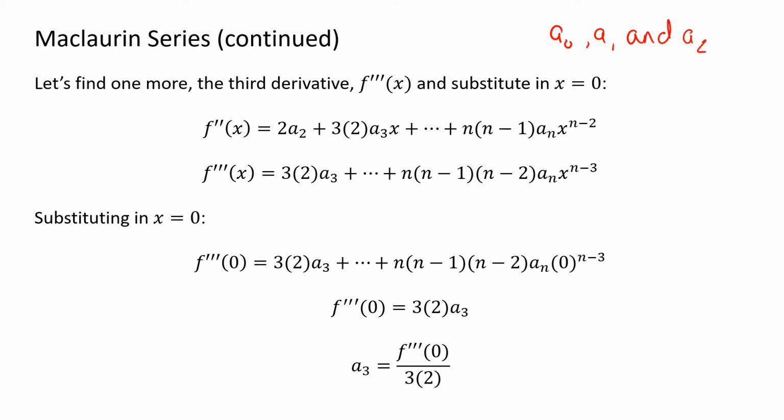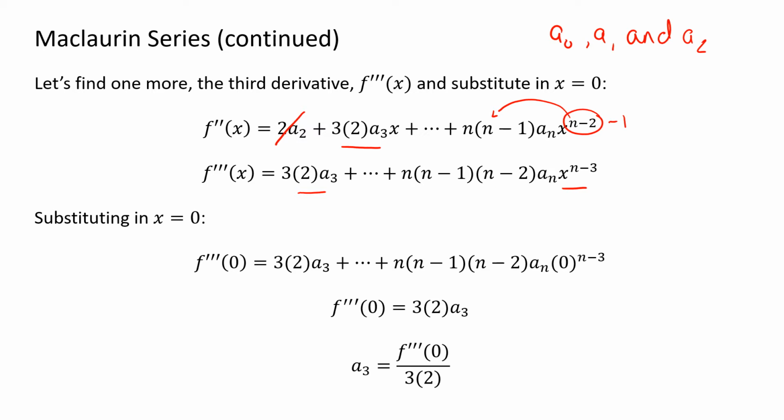If we take this derivative again, the 2a2 term is gone because it doesn't have anything with x. The a3 term will remain, 3 times 2 times a3. And then all we have left here is this final term where again I take the derivative. The n minus 2 comes down, so we have n times n minus 1 times n minus 2. And we subtract 1 from the exponent, so we're left with x to the n minus 3.